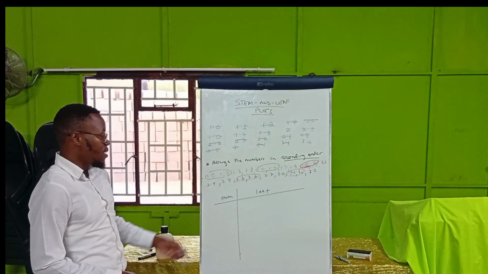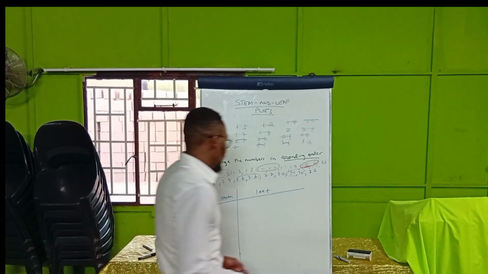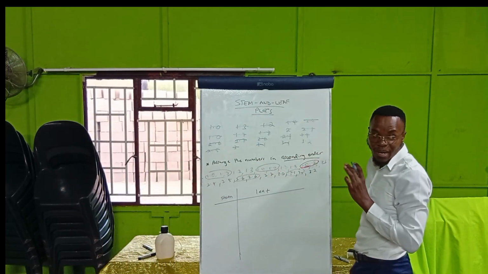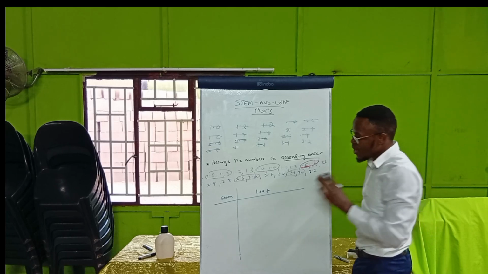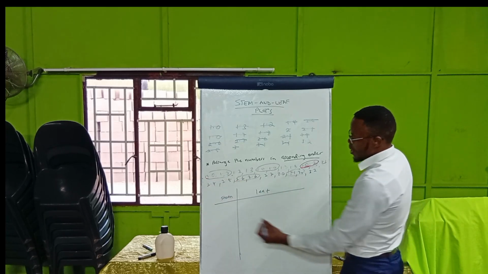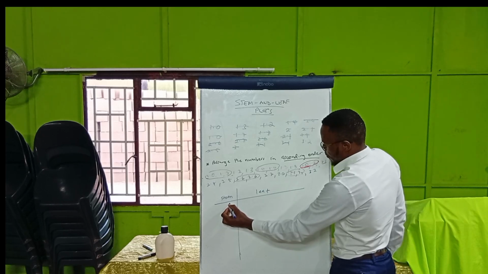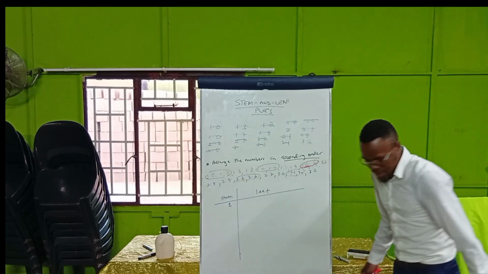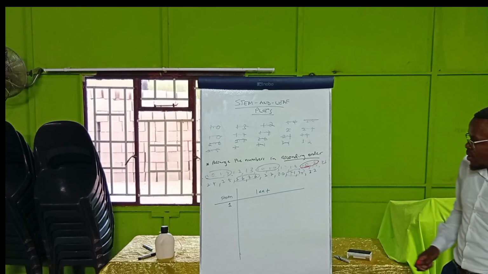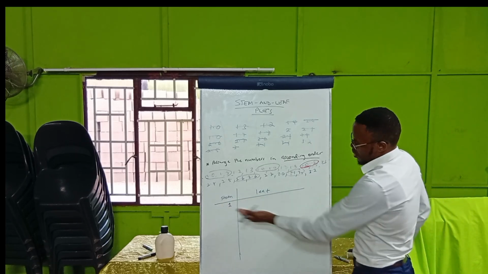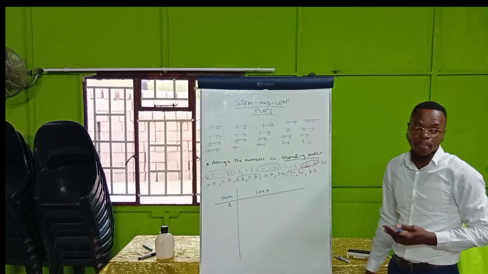After you've divided it like this, we list the stems in ascending order. The first stem that you will realize is 1. So we have the stem 1. I always like you to start with the first section, one row at a time.